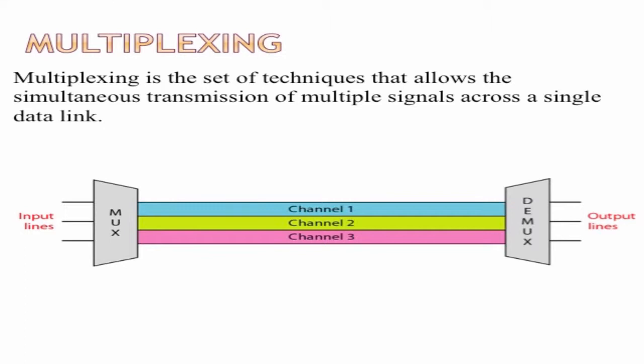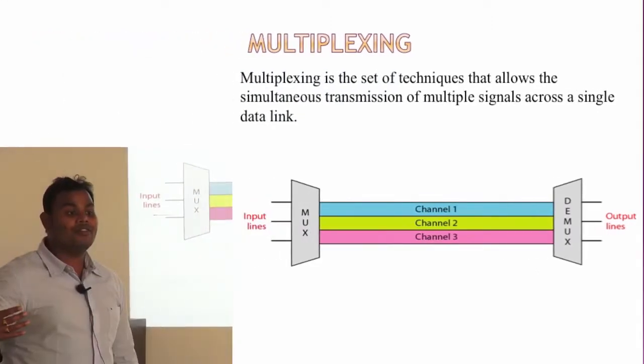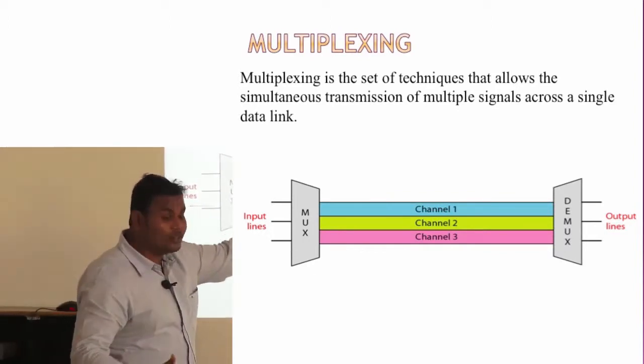A multiplexer combines n number of inputs and produces one output. That output goes through the channel. At the receiver side there is a DMUX. What is the work of DMUX? It is the inverse of MUX. One data item goes through the DMUX and n number of data items come to the output lines.